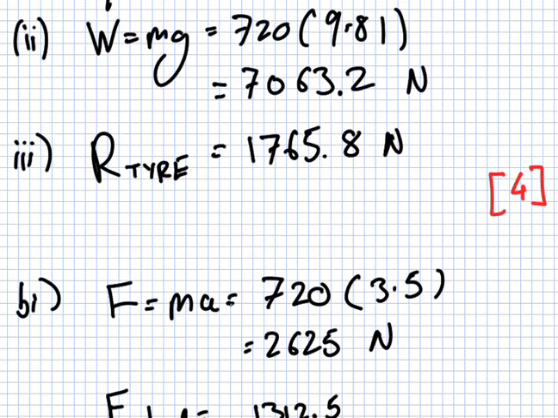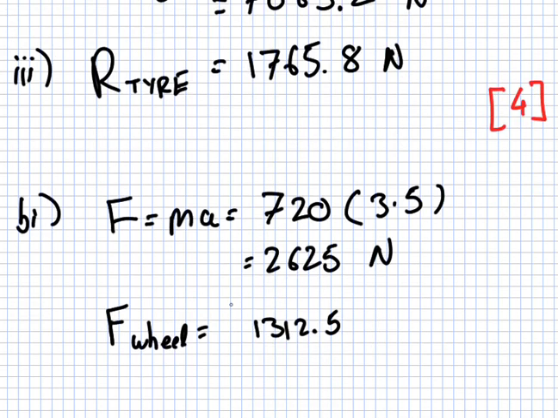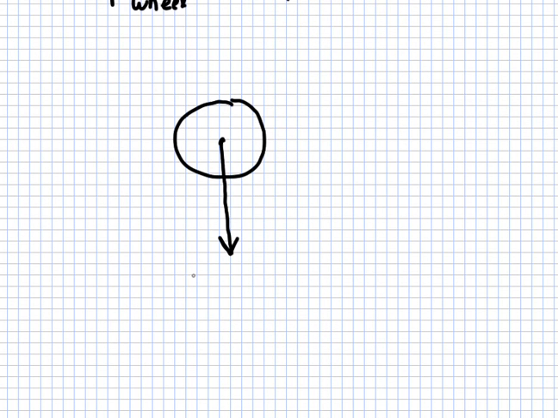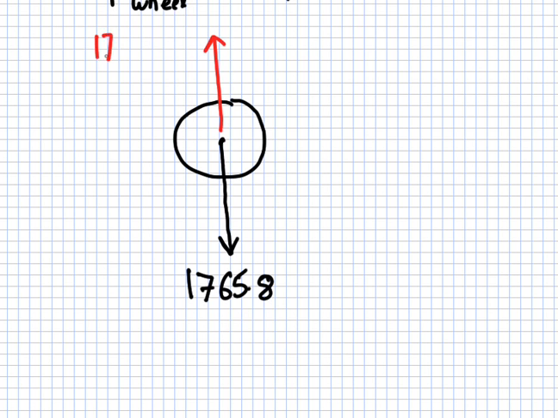1765.8. No. Oh yeah, 1765.8. Yeah? That's the weight going down. And we said in part 3 there's an upward reaction, and it must be the same, 1765.8. But now the car is moving forward.